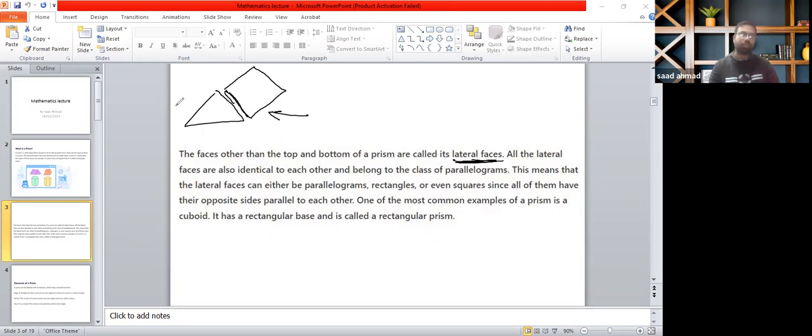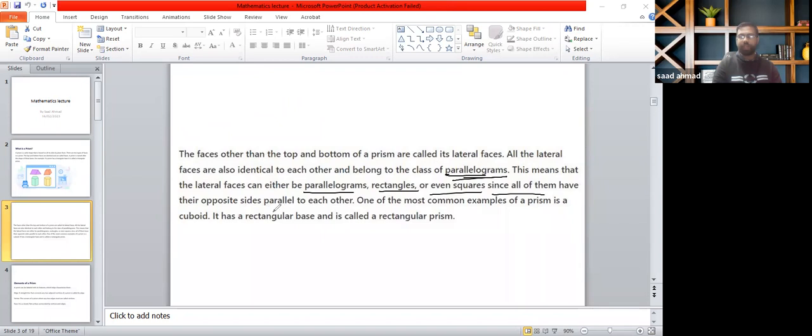This one, the other one on this side, and the one at the bottom, all of these are the lateral faces, and sometimes they are parallelograms. That means the lateral face can be a parallelogram, rectangle, or even a square, since all of them have their opposite sides parallel to each other.